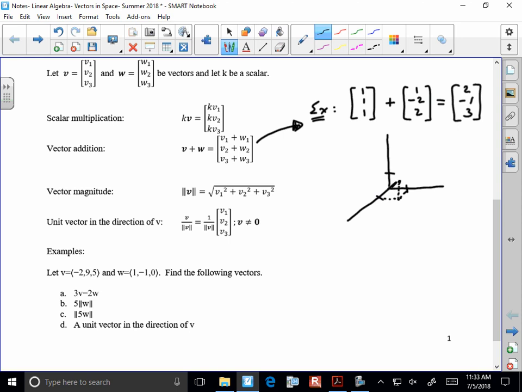Here's my 1, 1, 1, and 1, negative 2, 2. Let me just do this in red. Okay, so those are my 2 vectors, the 2 that I need to find the sum of.